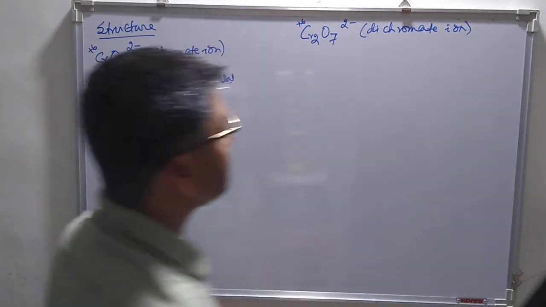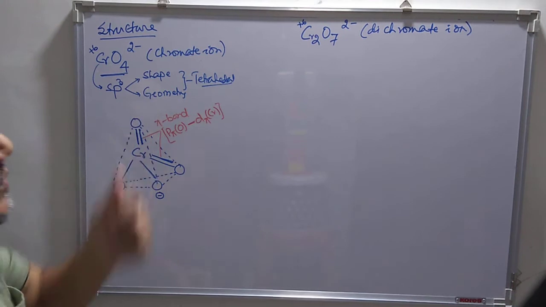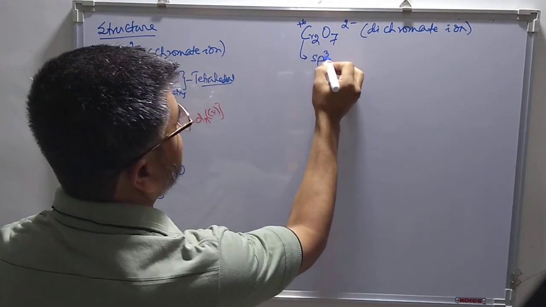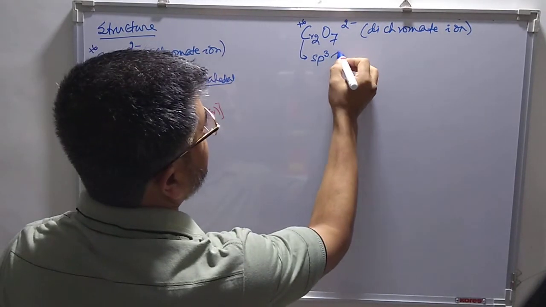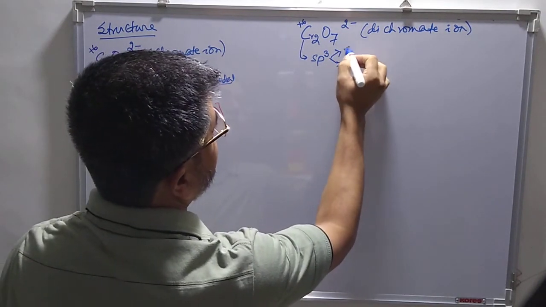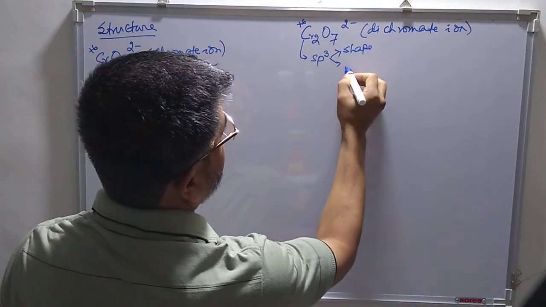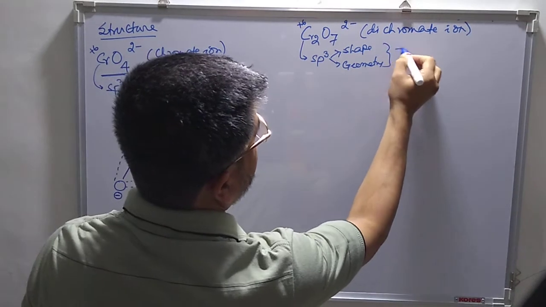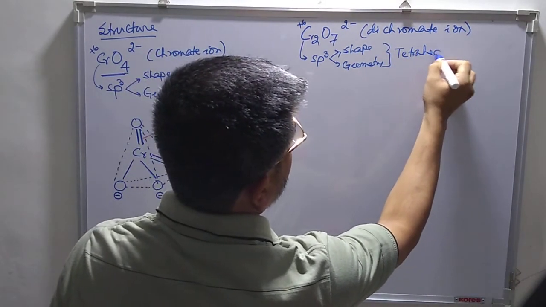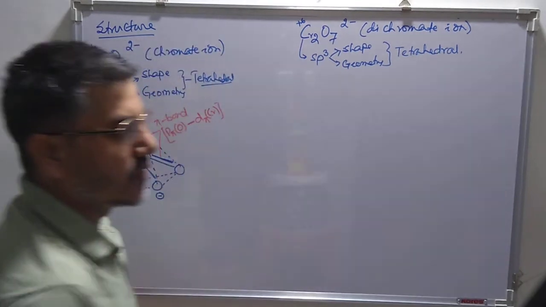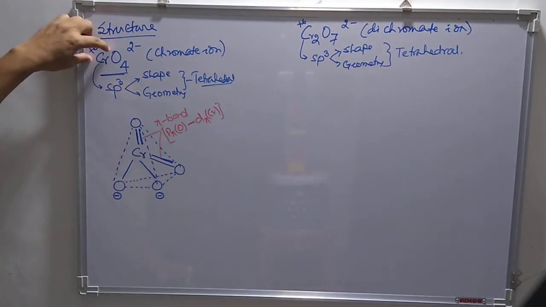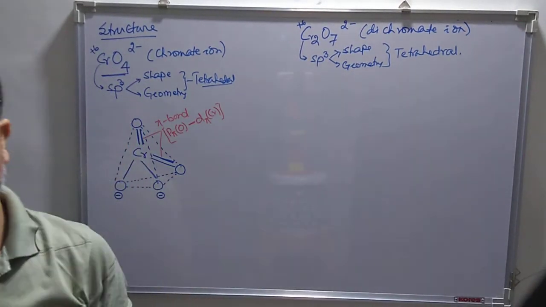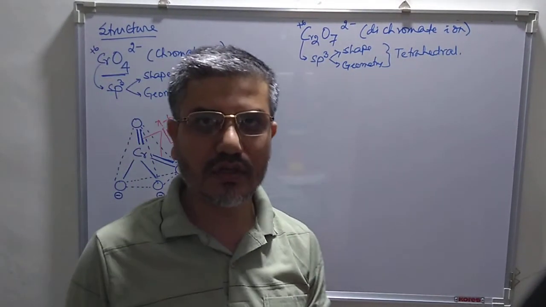In this dichromate ion, the central atom chromium is again sp3 hybridized, so the shape and geometry is perfectly tetrahedral. The only difference is that in one case we have one chromium, in the other case we have two chromium, so we have two tetrahedral units joined through a common oxygen.